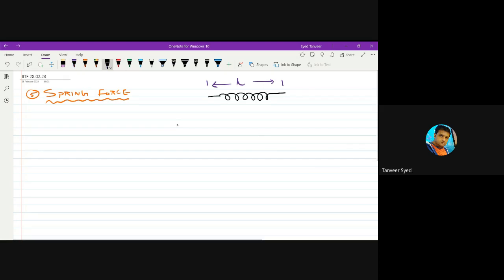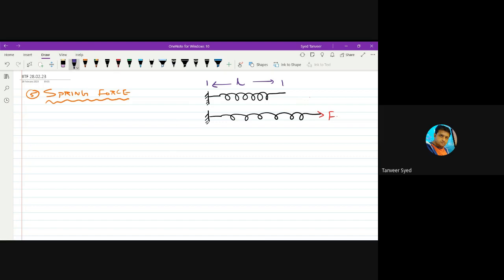If I fix one end of this spring and apply a force on the other end in this direction so that the spring is stretched, it will be something like this. I am applying a force F here, pulling it. Then the spring is elongated or stretched.